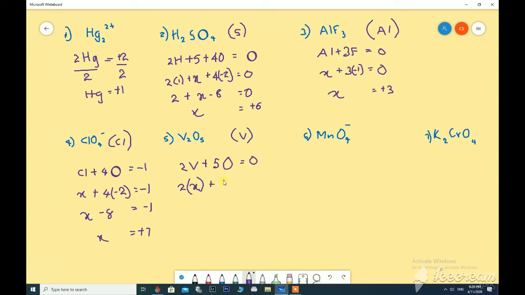Add 5 times -2 is equal to 0. 2x minus 10 is equal to 0. So 2x is equal to +10. By dividing both sides by 2, x is equal to +5.